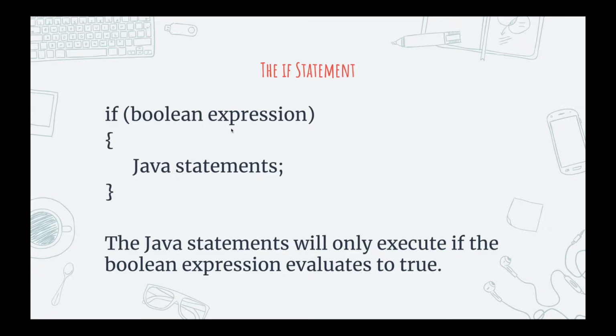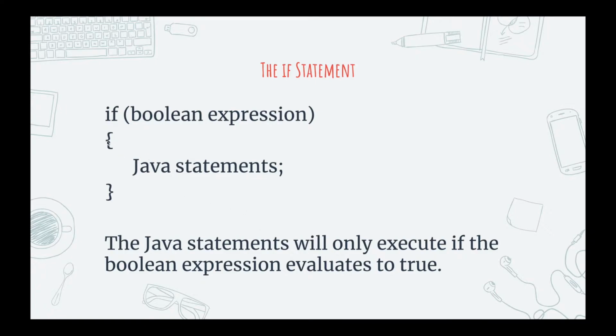And if this Boolean expression evaluates to true, then the Java statements here get executed. But if this Boolean expression gets evaluated to false, then the Java statement here will not get executed. So just to sum it up, the Java statements will only execute if the Boolean expression evaluates to true.